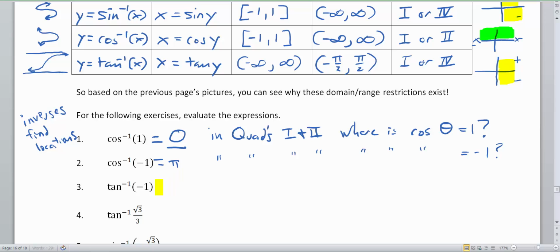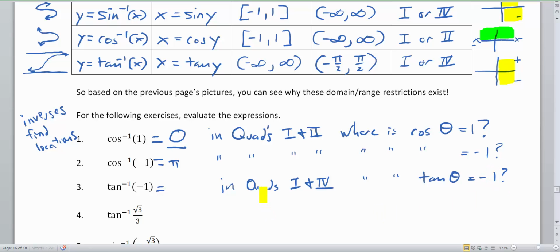Now let's continue this line of questioning here. It's now going to ask about an inverse tangent. In quadrants 1 and 4, you'll notice I had to change because I'm not talking about cosine anymore. In quadrants 1 and 4, where is tangent theta equal to -1?